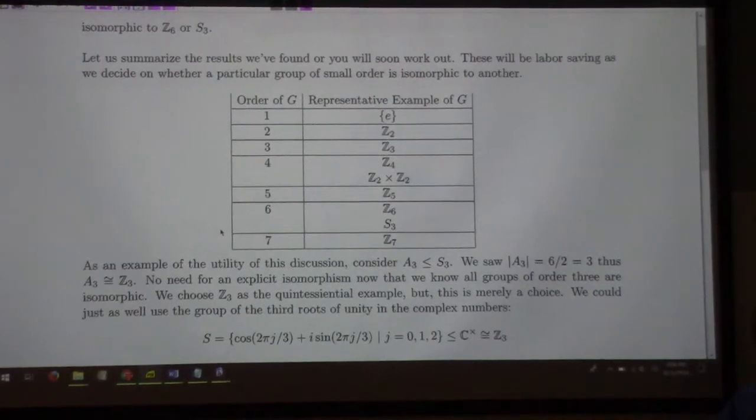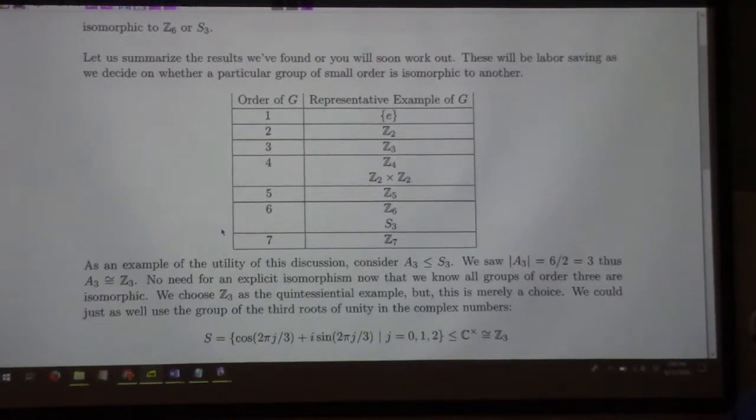Order 8, it starts to get interesting. On the test, you might have noticed that Q8 and D4 are not isomorphic because Q8 has 6 elements of order 4, whereas D4 does not.